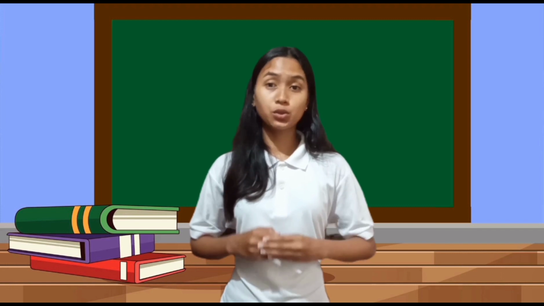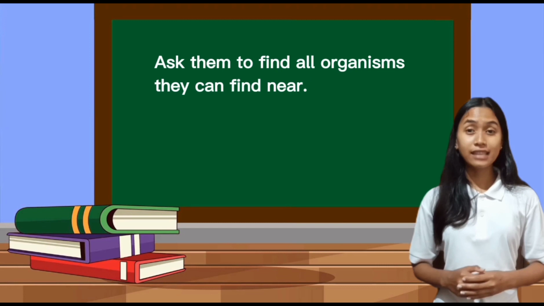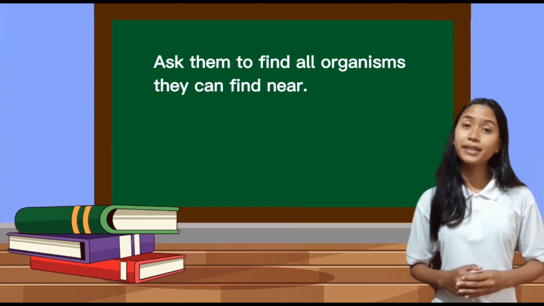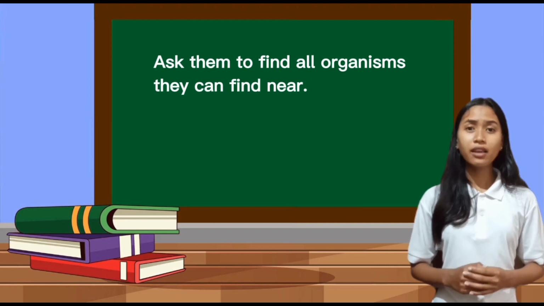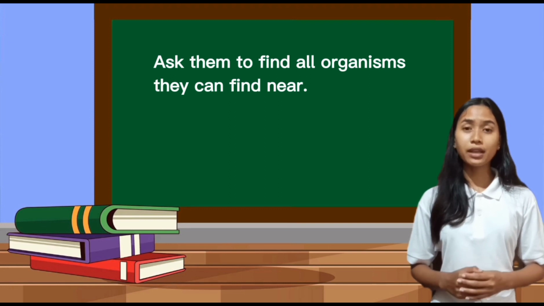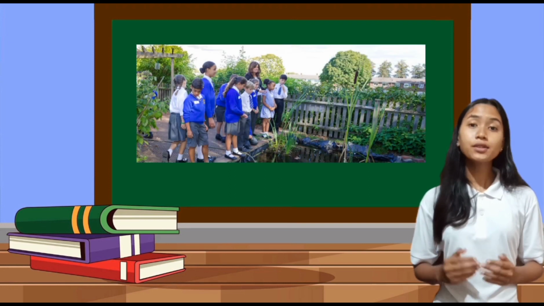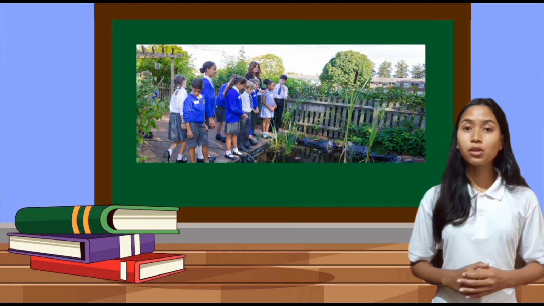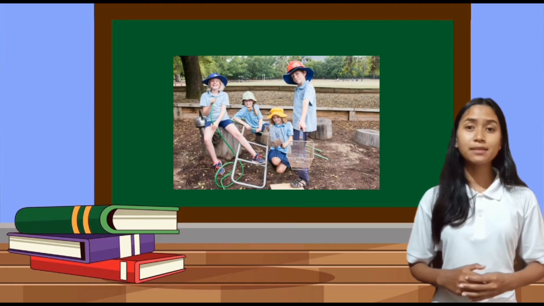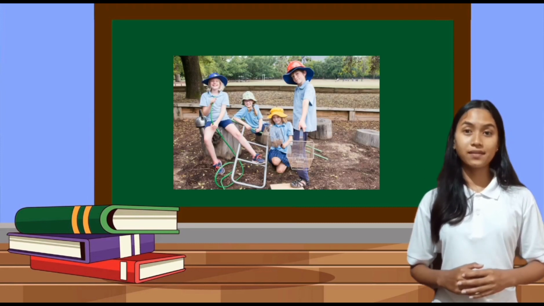For instance, the topic is understanding biodiversity. So the possible task design is to bring the students to a pond or creek. Ask them to find all the living organisms they can find living near the pond or creek. And also, bring them to the school's playground to find as many living organisms as they can.